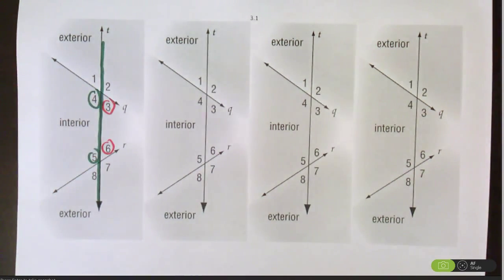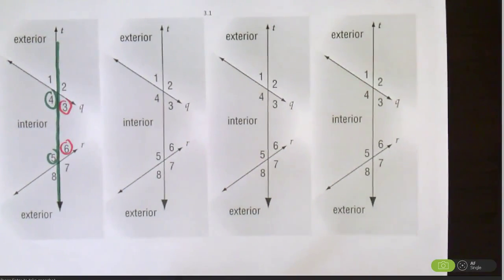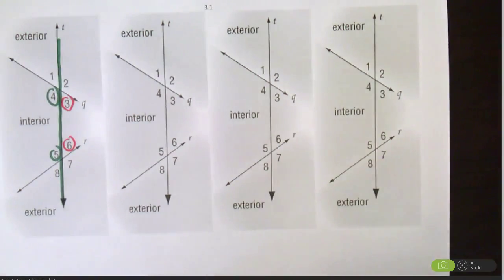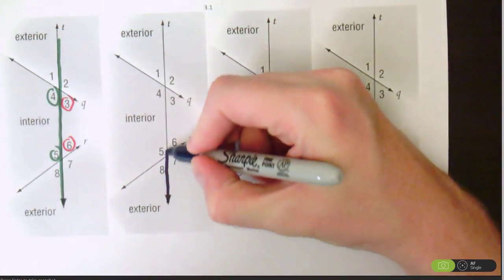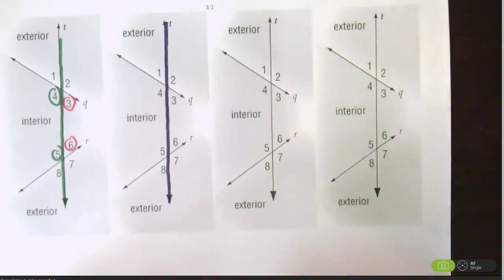All right, next definition type, alternate interior angles. Interior means we're on the interior side. Alternate means non-adjacent, which means they're on opposite sides inside the interiors. So I have my transversal cutting through here, and here are my interior angles, 3, 4, 5, and 6 again.